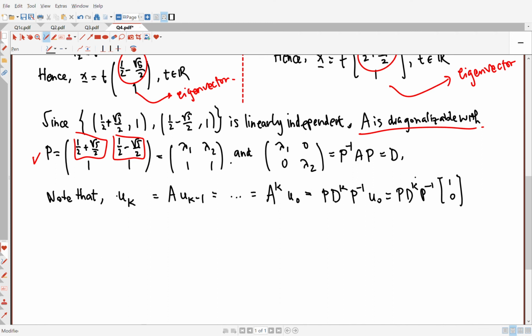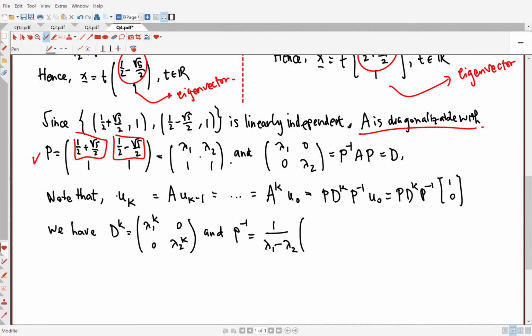Okay, find this. So we have D to the power of k is just lambda 1 to the power of k, 0, 0, lambda 2 to the power of k, and P inverse is what? 1 over lambda 1 minus lambda 2, multiplied with (1, lambda 1 minus lambda 2, minus 1).